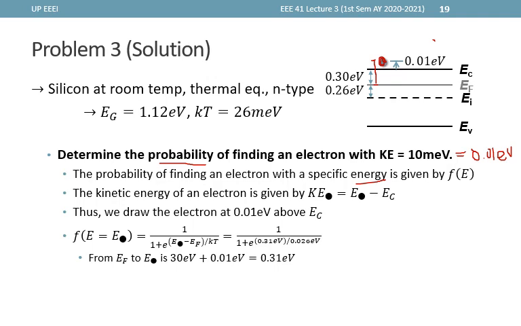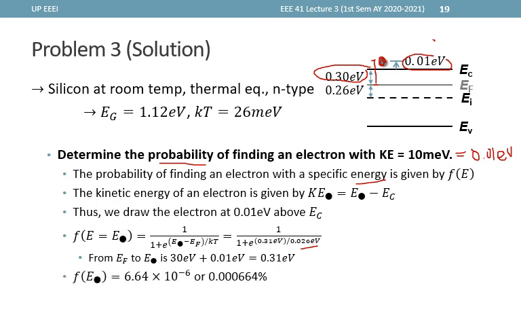So 1 over 1 plus e raised to the energy of the electron minus EF over kT. But this E of the electron minus EF is 0.3 plus 0.01. So that's 0.31 over kT, so 0.026. And therefore, we can now compute.